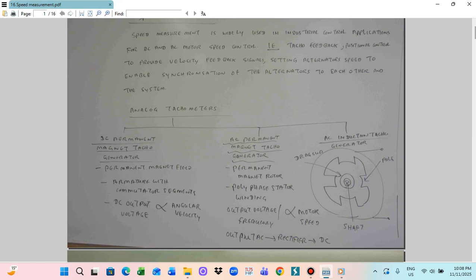When this DC tacho generator rotates, it produces a voltage. The DC output voltage is proportional to the angular velocity.